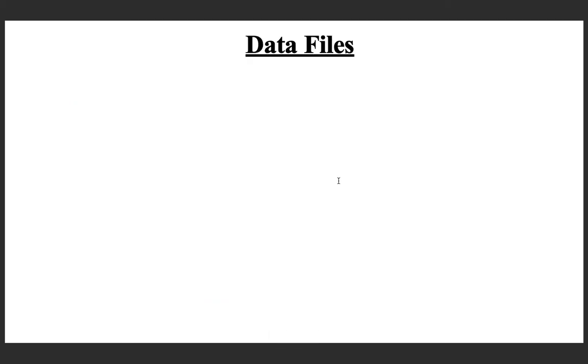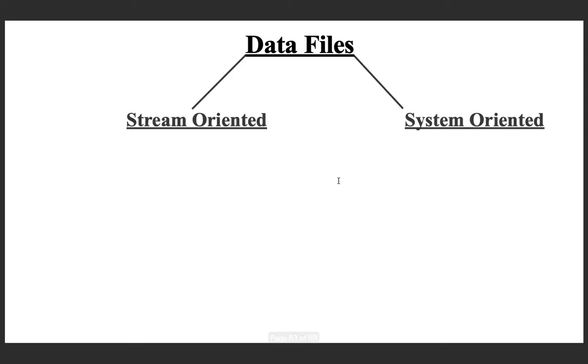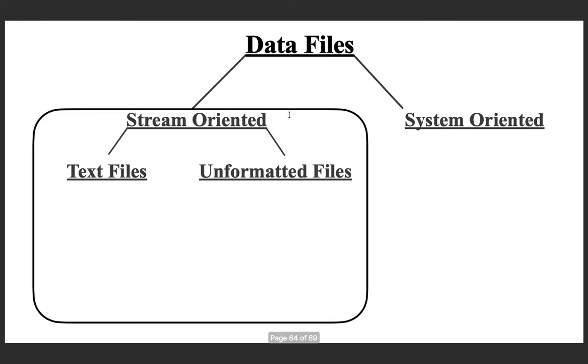And before those examples, let me just recollect the different types of files that we have studied. Basically, data files can be classified into stream oriented and system oriented. Don't worry about these two. Stream oriented is again classified into text files and unformatted files. Actually, no need to remember all these things.